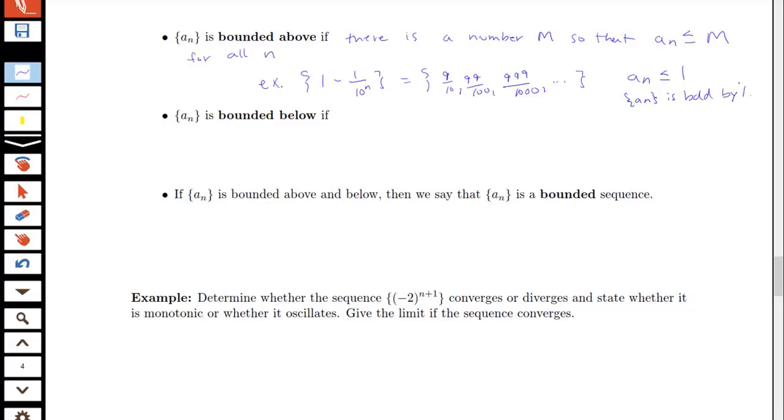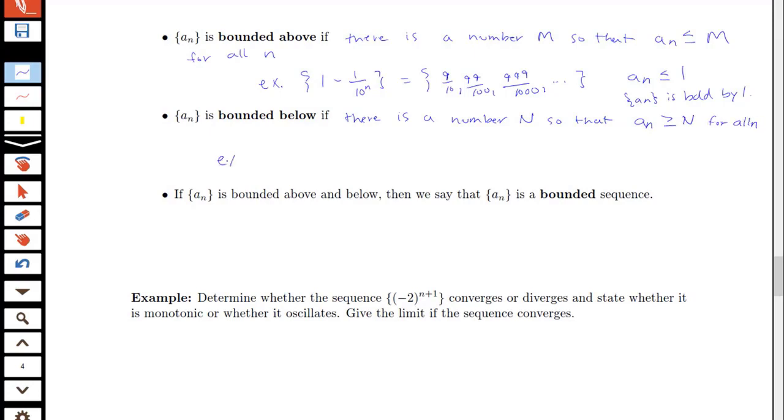We will say that a sequence is bounded below if there is some number, let's call it n, so that the terms of our sequence are always bigger than that number n.